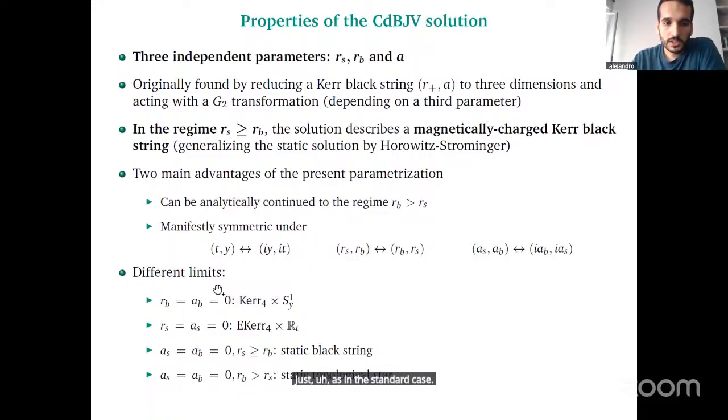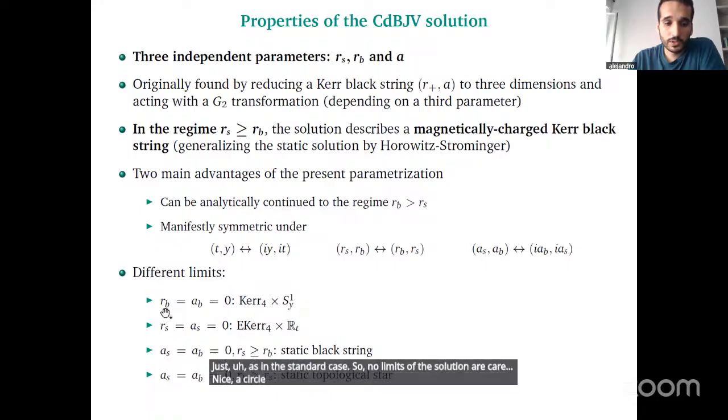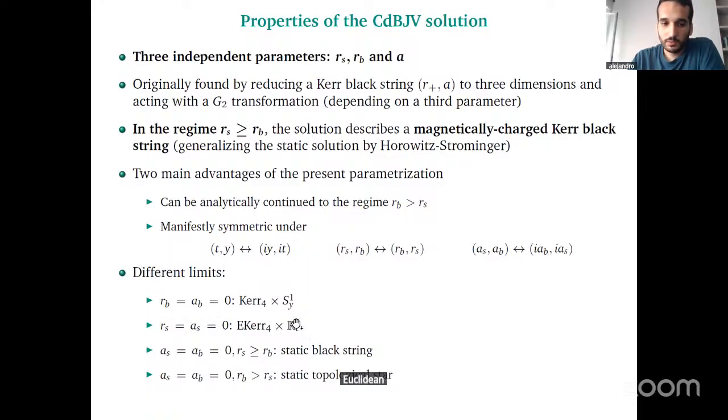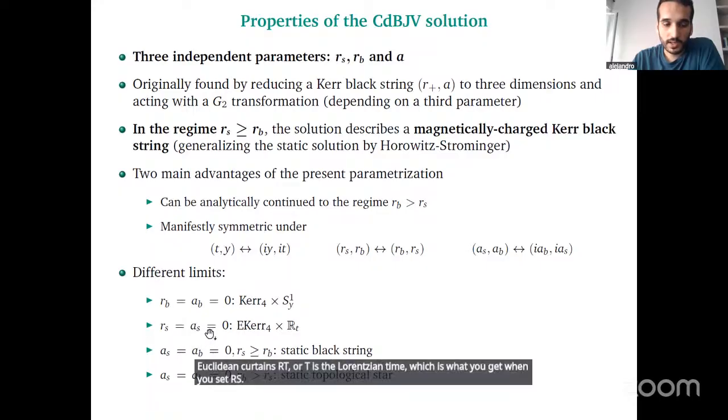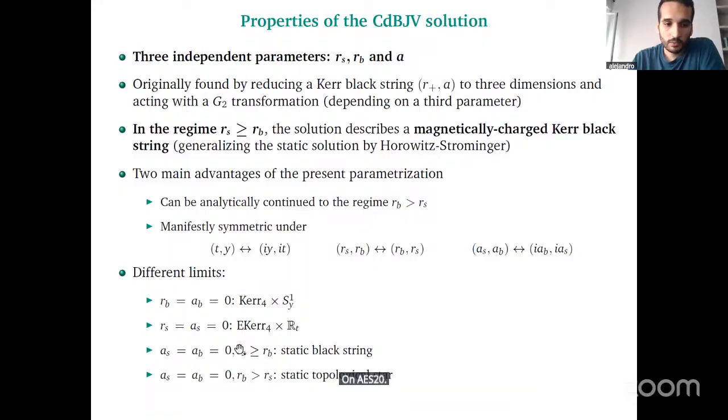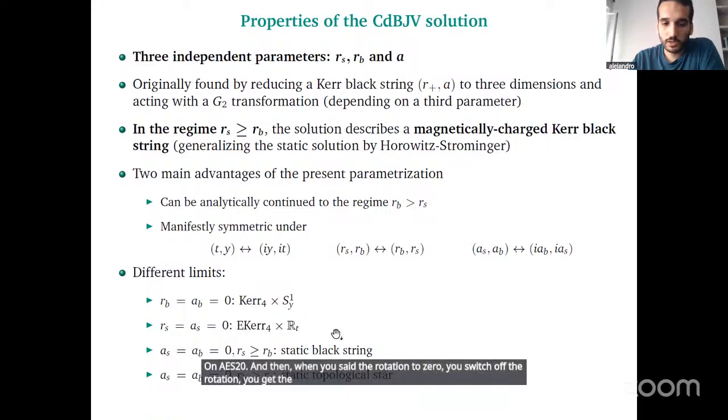So notable limits of the solution are Kerr times a circle, which is what you get when you set R_B and a_B to 0, and Euclidean Kerr times R_t, where t is the Lorentzian time, which is what you get when you set R_S and a_S to 0. And then when you switch off the rotation, you get the 2 solutions I already discussed, the static black string and the topological star.